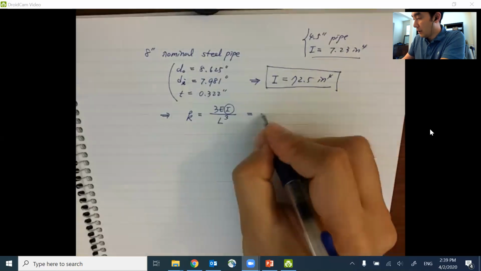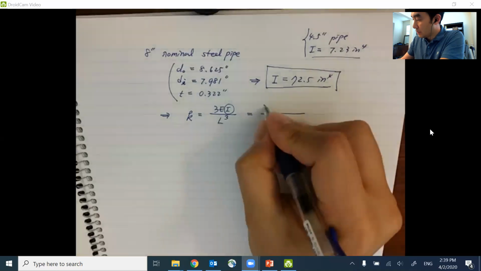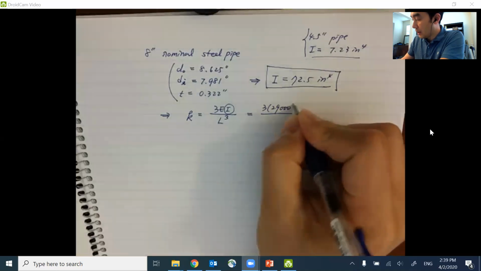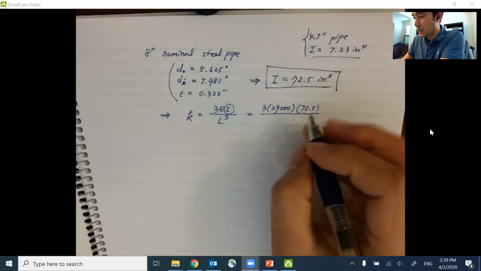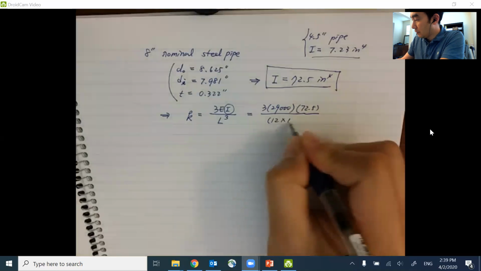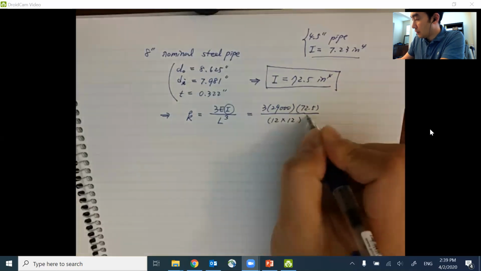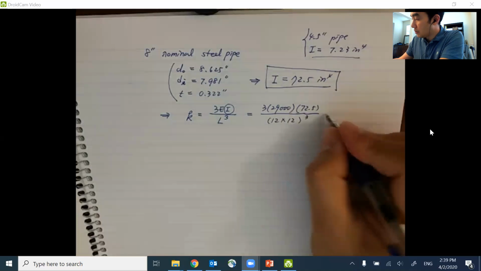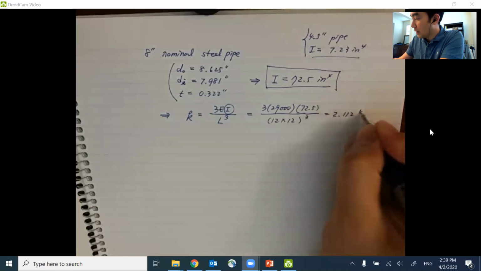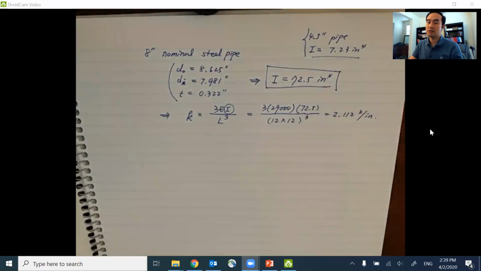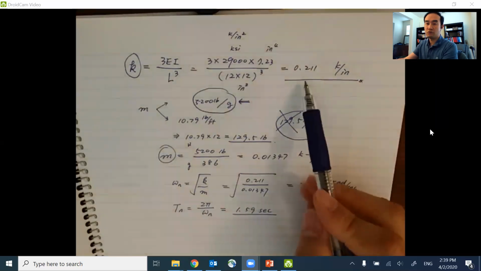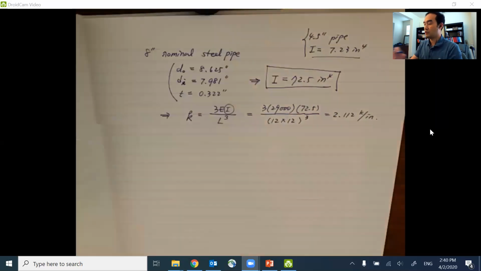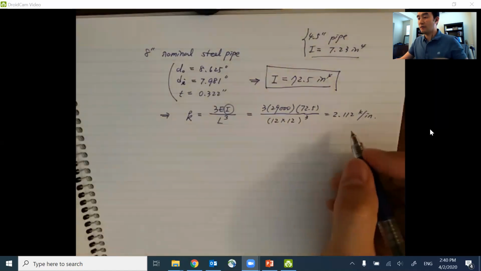So when I calculate the stiffness, 3 times 29,000 ksi, now 72.5 for my moment of inertia, and then 12 to convert into inches, times 12 cubed, it is going to be 2.112 kips per inch. So you can see that the stiffness of the changed pipe is way higher. Earlier it was 0.211, now it's 2.11, almost 10 times the stiffness.